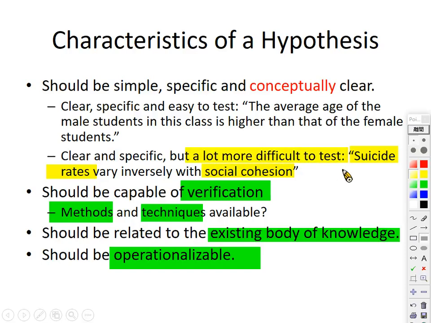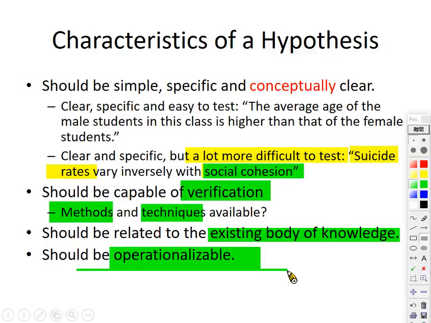It says we have difficulties to test it, which means that this one, social cohesion, can be operationalized from concept to variables. So we can go to collect data.